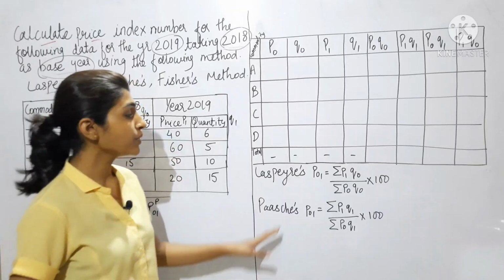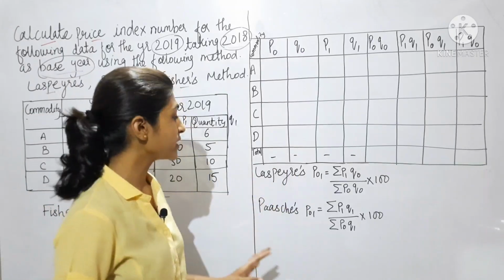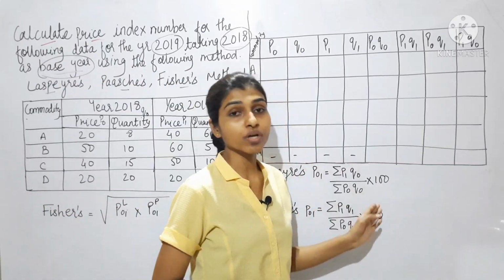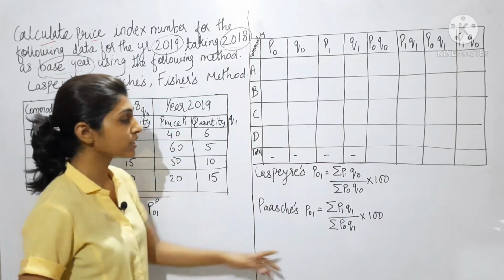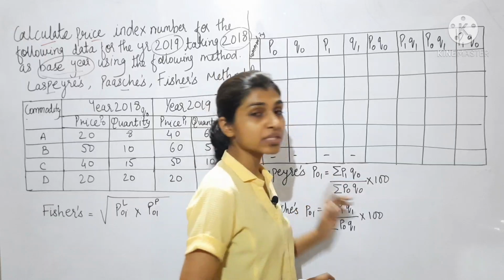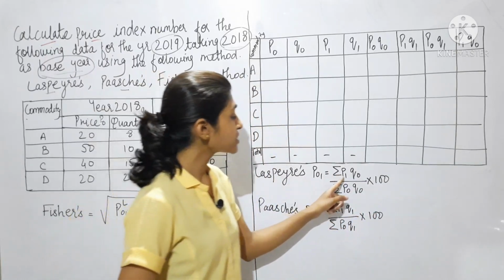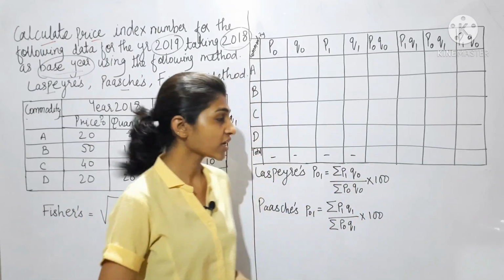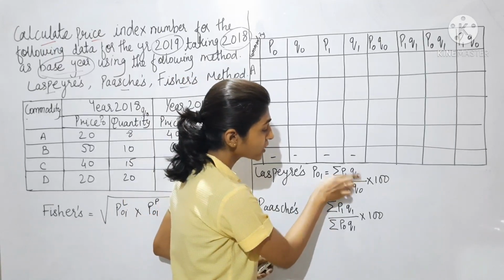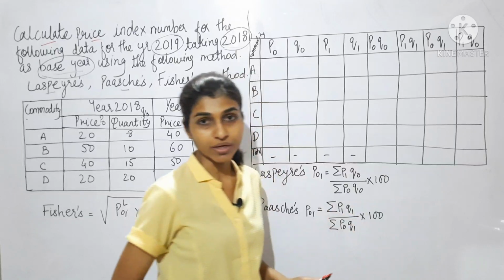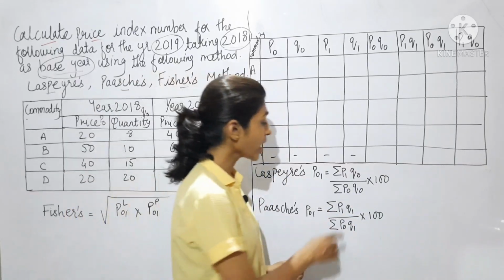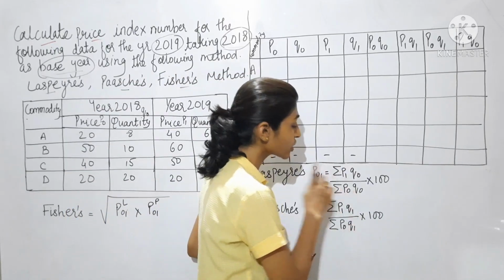Okay, now as you all know, the formulas for Laspeyres, Paasche's and Fisher's price index number are given. Now the simplest way to understand how to calculate them: remember the formulas. Summation of P1 Q1, summation of P0 Q0.